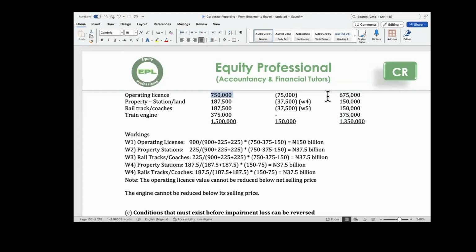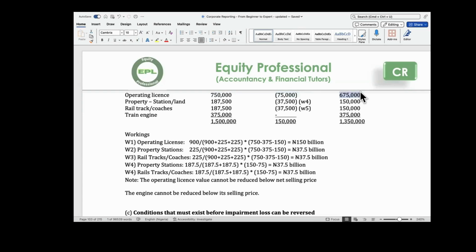The difference between 750 and 675, which is 75, automatically becomes the impairment I will allocate to the license. So out of this 150, the license automatically takes 75, because the question told us that the net selling price is now 675.